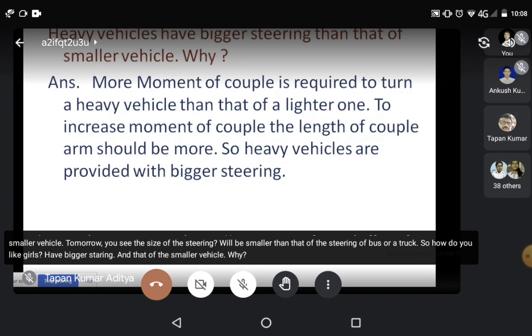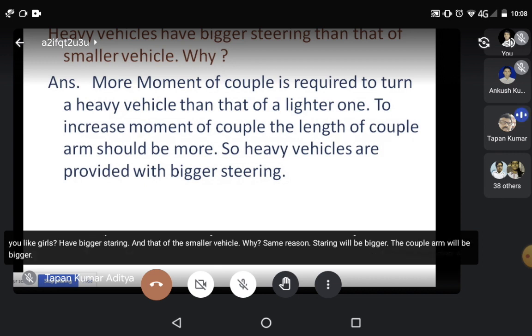But for the same reason, if the steering is bigger, the couple arm will be bigger, so less force is required to rotate the wheel. You see the answer? More moment of couple, that is torque, is required to turn a heavy vehicle than that of a lighter one.